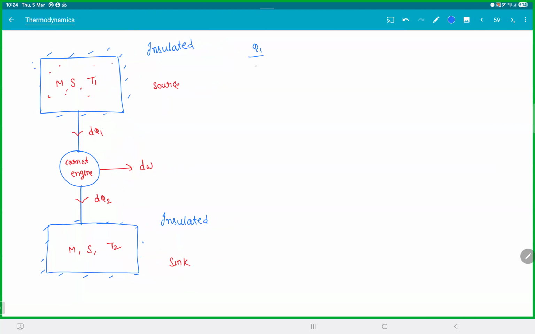So the formula Q1 by Q2 equals T source by T sink, and efficiency eta is 1 minus T sink by T source, are valid only when the temperature is constant.